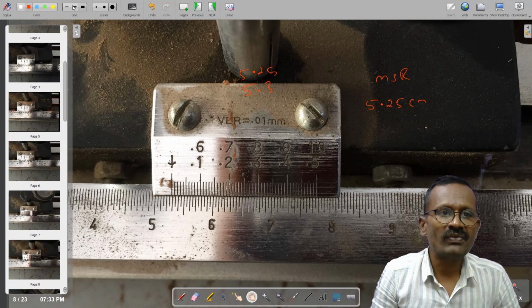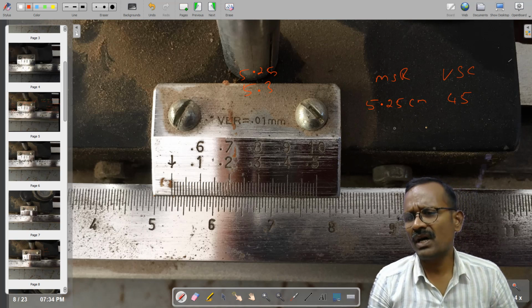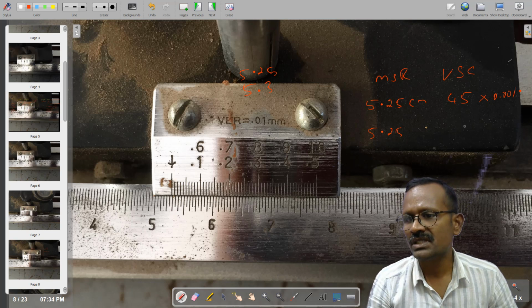Vernier coincidence is 45. What is the reading of this one? 5.25. If you multiply 45 by 0.001 centimeter, how much will it be?